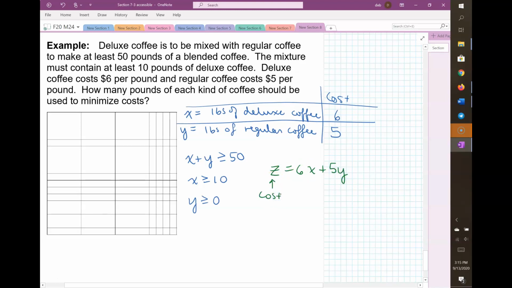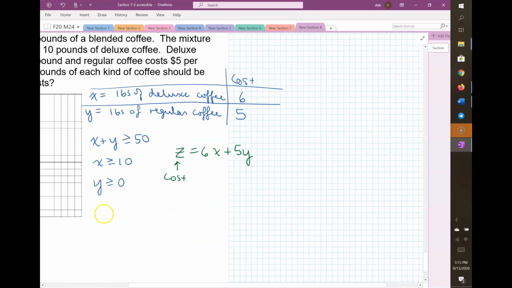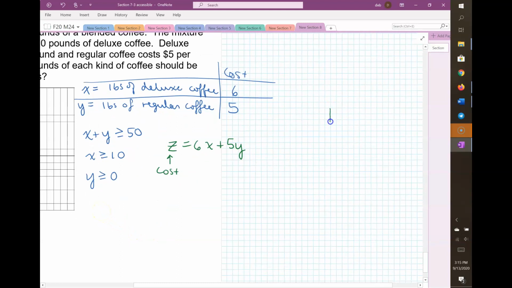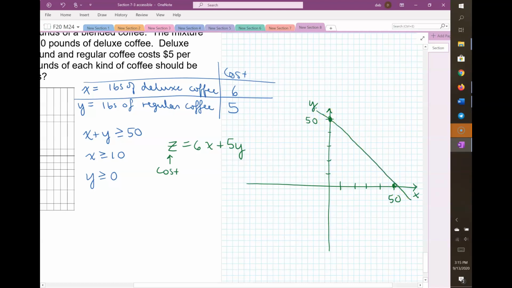Okay, so let's graph our feasible region. Label your axes x and y. And let's use each box is 10. And we had x-intercept of 50 and a y-intercept of 50. And then when we tested 0, 0, we said we need to shade away from 0, 0.